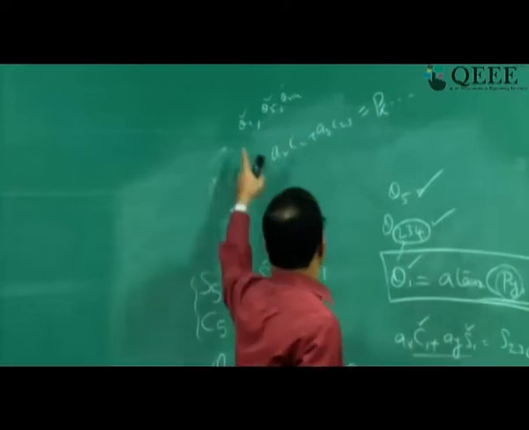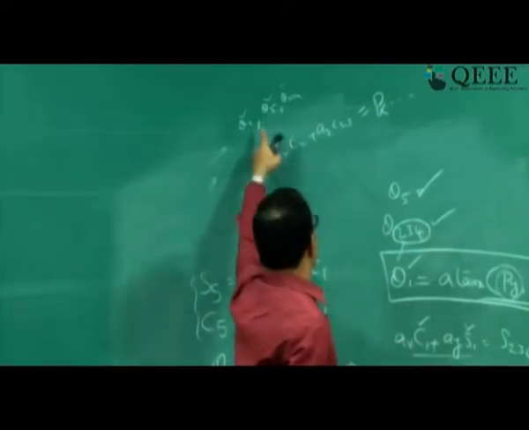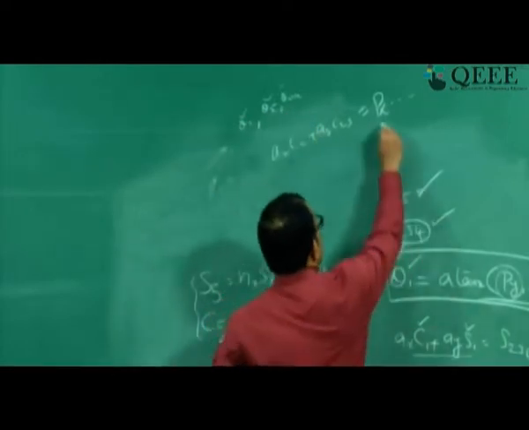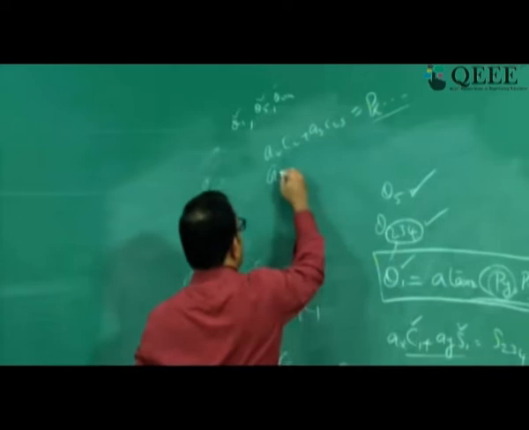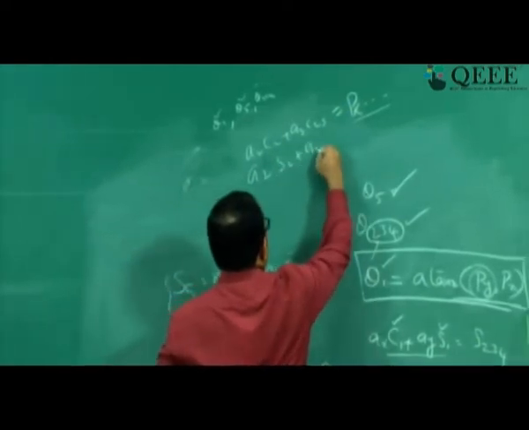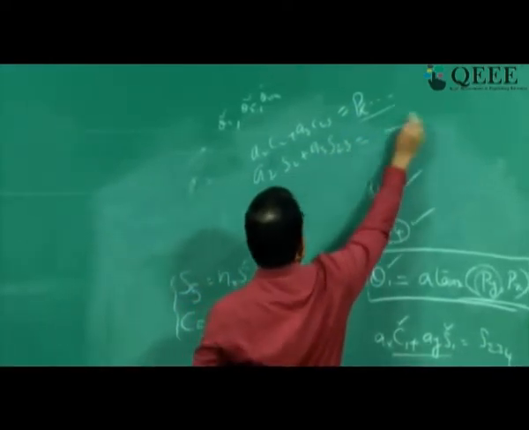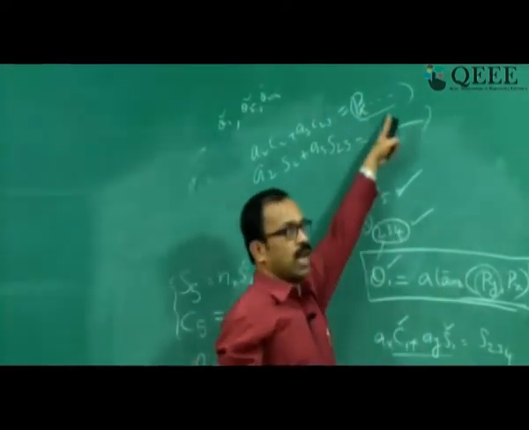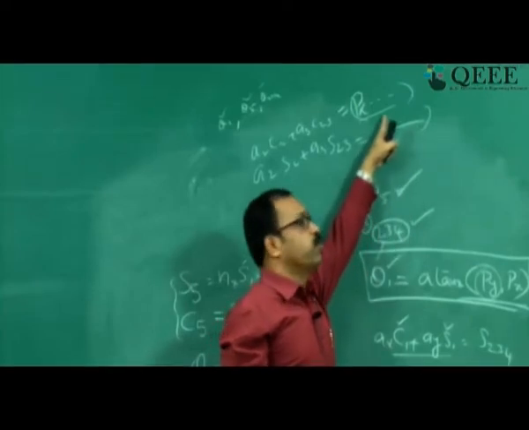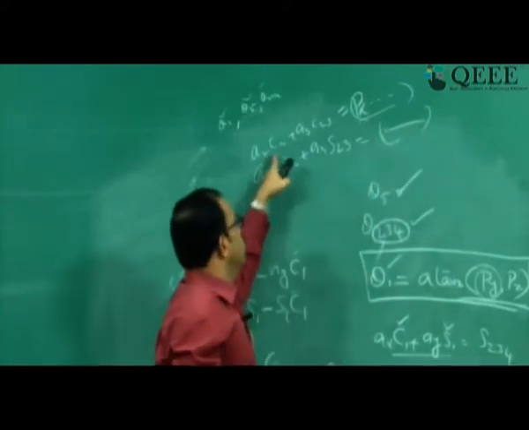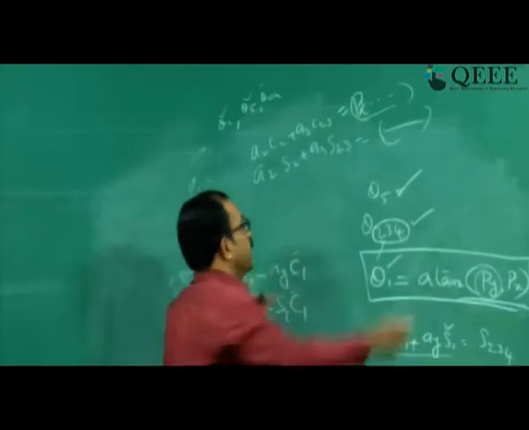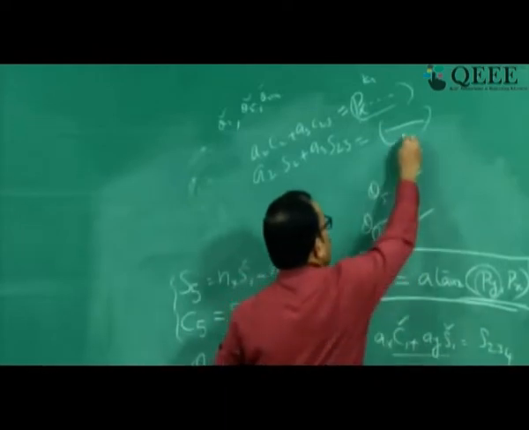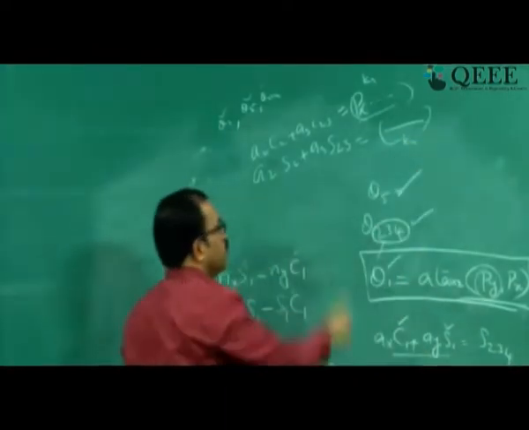So by rearranging the first and third equations, and substituting the values of the known parameters theta 1, theta 5 and theta 234, you will get one equation here, and here you will get A2 S2 plus A3 S23 equal to something. Now this can actually be calculated because all are known values. We will be able to calculate and write it as a numerical value. So A2 C2 plus A3 C23 is equal to some K1, and A2 S2 plus A3 S23 is equal to K2. Now we know K1 and K2.